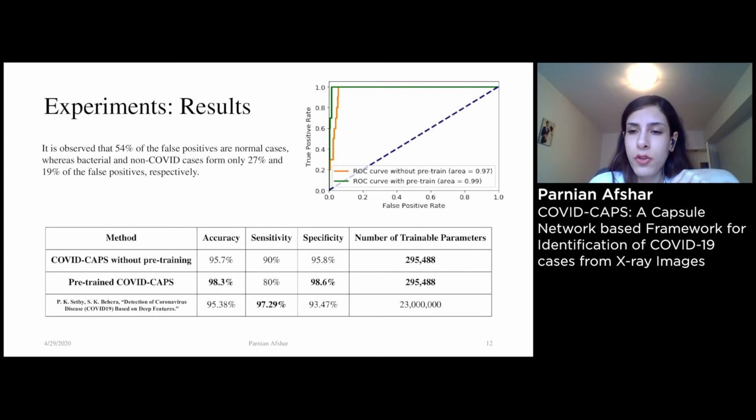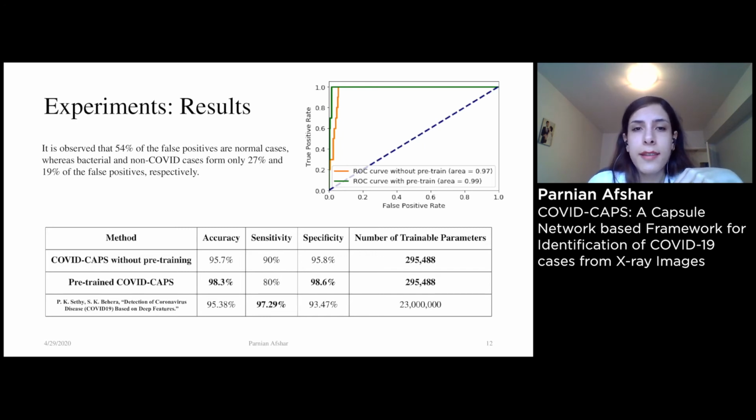However, I would like to mention that this reference has 23 million trainable parameters, whereas our proposed COVID CAPS has only 295,000 trainable parameters, which means that we can train the COVID CAPS in a more timely fashion, and we need less powerful computational resources. And also, as you can see in the ROC plots, the pre-trained COVID CAPS has a higher area under the curve compared to the COVID CAPS that is not pre-trained.